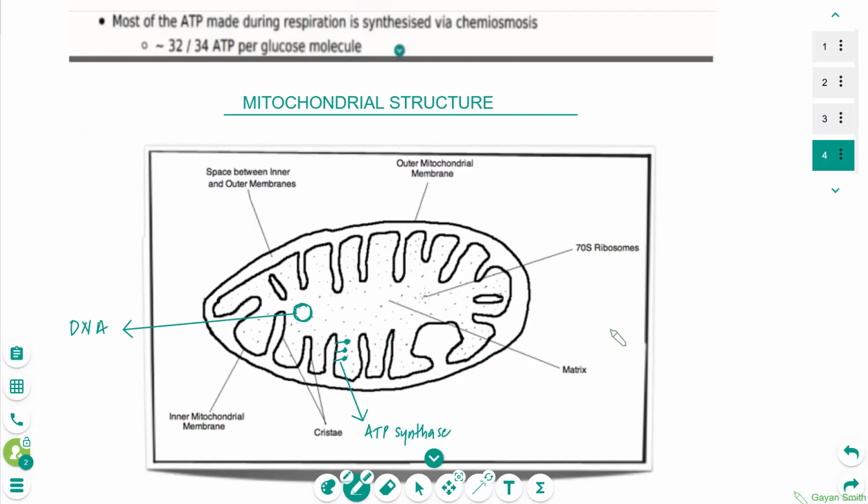So I'm going to annotate this diagram, because most of the time they want an annotated diagram. That means I'm just going to give some functions beside the structures.